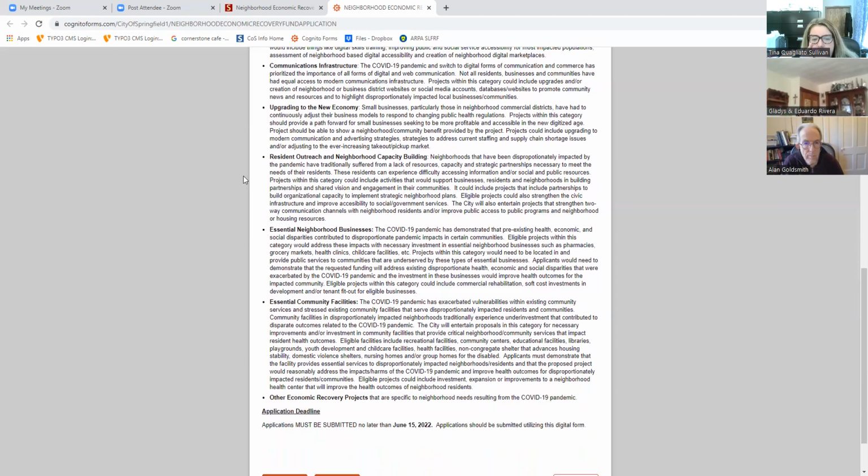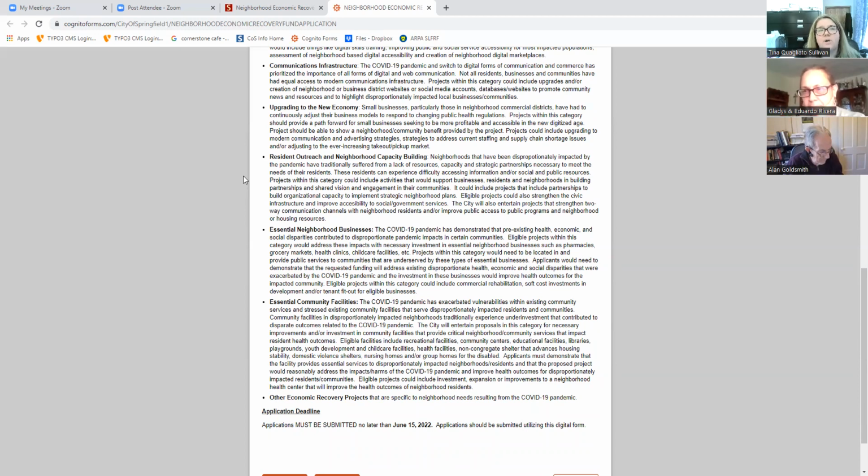The next category is resident outreach and neighborhood capacity building. In this category, we're recognizing that some of these most impacted neighborhoods, while there may be plans or good ideas about how to revitalize the neighborhood and how to recover not just from the pandemic, but also from pre-existing disparities, may not necessarily have the capacity to carry those out.